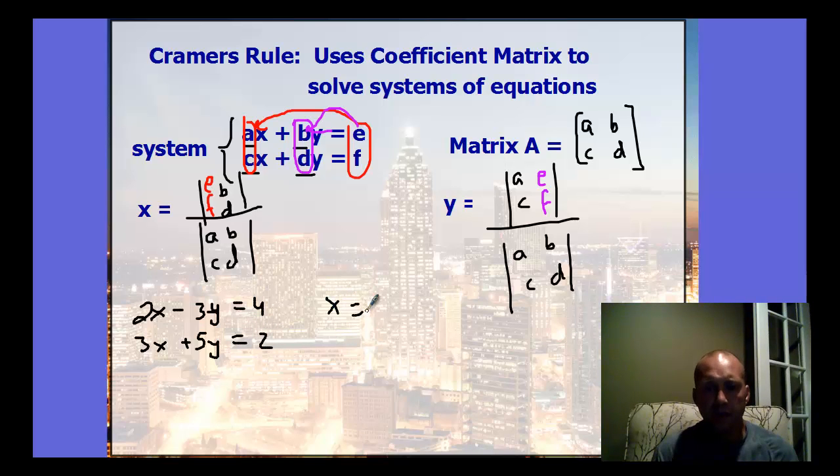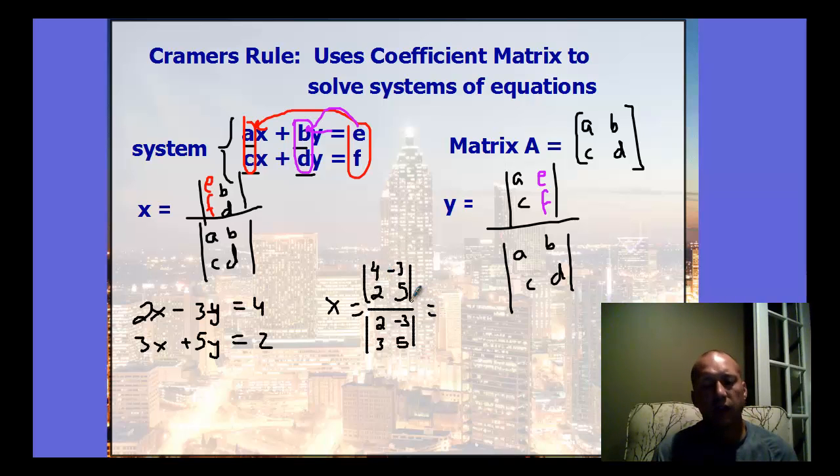If I want to find x, it's going to be found by doing the matrix. On the bottom is the coefficient matrix, so it's 2, negative 3, 3, 5. In the numerator, I replace my x column with the solutions, so it's 4, 2. The negative 3, 5 stay the same.